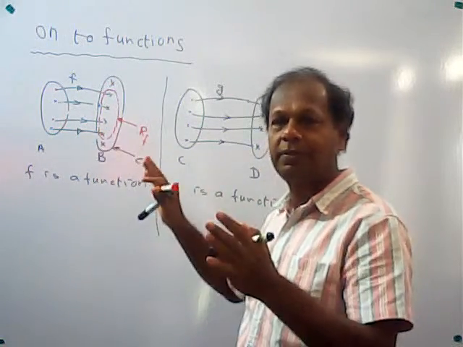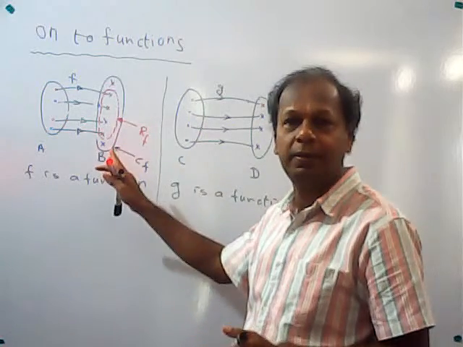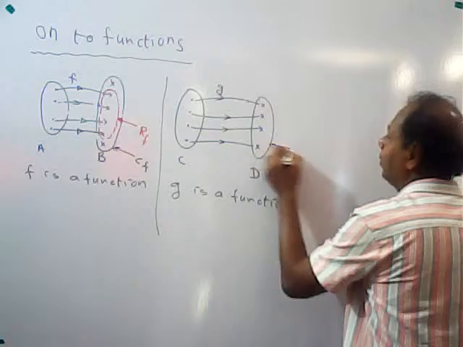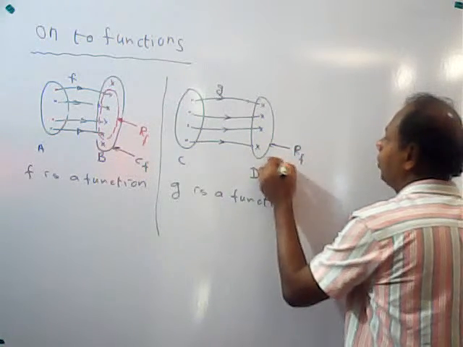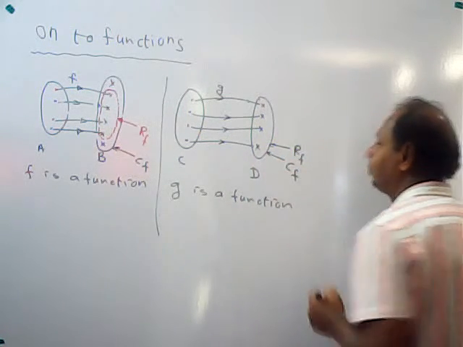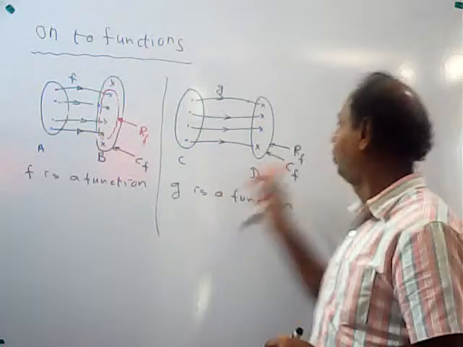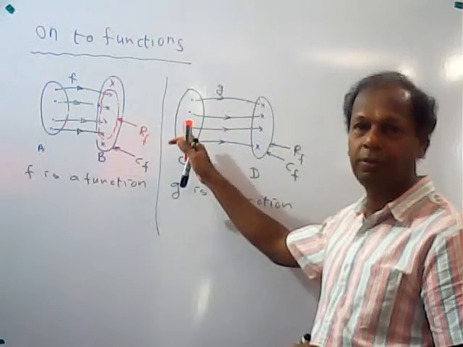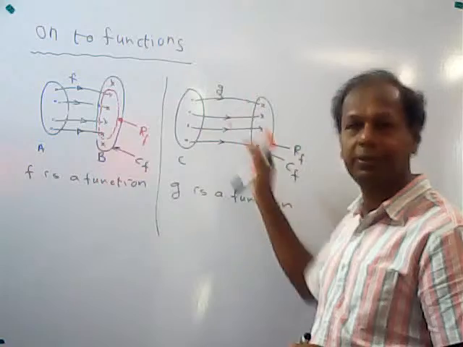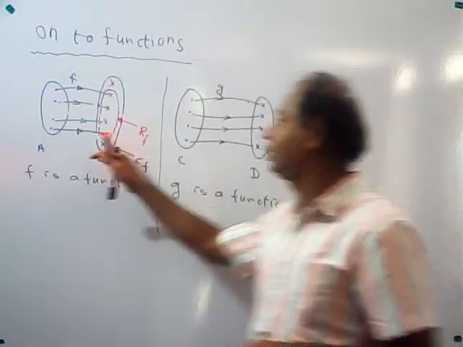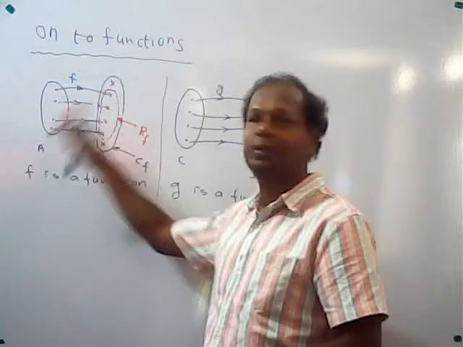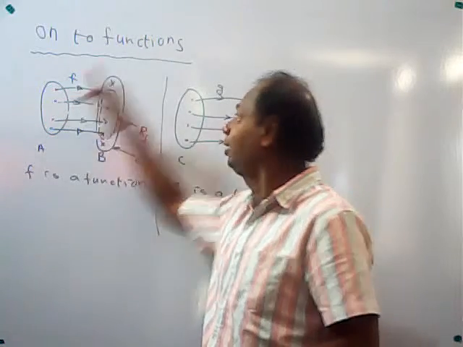So in other words, the range is smaller than the codomain. But in G, the range of G and the codomain of G are the same. All the elements in the codomain are connected with the domain via the function. In F, some elements of the codomain are connected with the domain via the function, but not all.